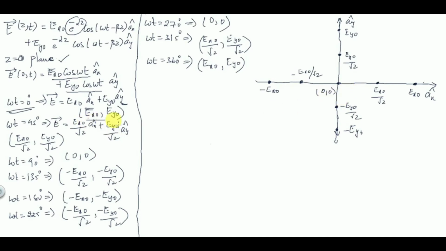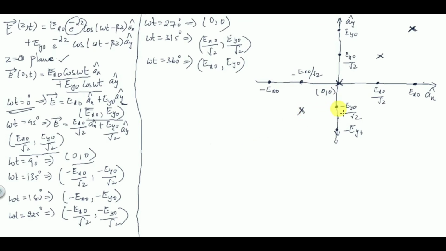So what is the first point? Ex naught comma Ey naught, the intersection. So this is where we have to draw, and I am representing the points with a cross mark. Next, omega t is equal to 45 degrees, it will be Ex naught by root 2, Ey naught by root 2. And next 0 comma 0, so this is the point. Next, minus Ex naught by root 2, minus Ey naught by root 2, so the point of intersection will be here.